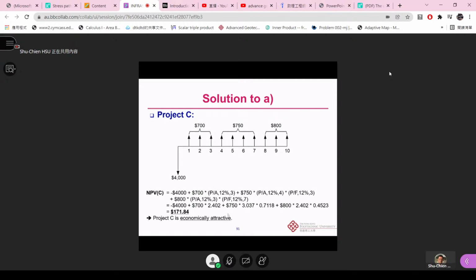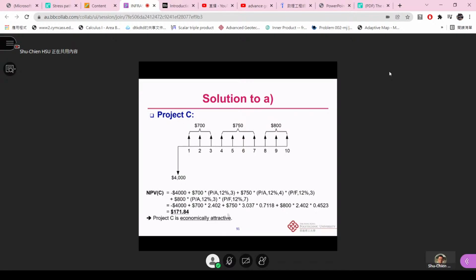So we can finally get negative 4,000 plus the 700 times the 2.402, plus the 750 times the 3.037 times the 0.711, and also plus the 800 times the 2.402 and times 0.4523. So we get a final present value of 171.84.